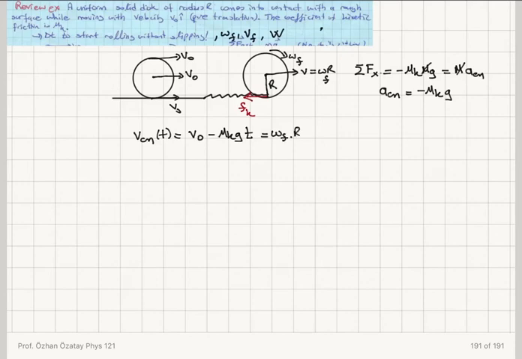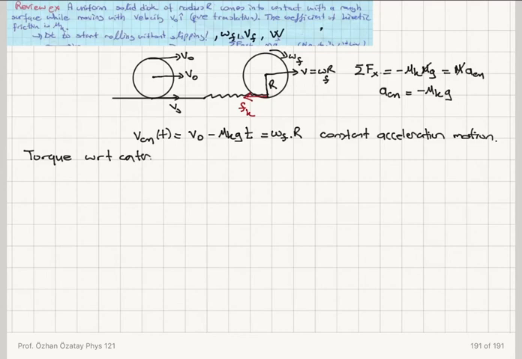So that finally it will become equal to omega final times r. That will be its velocity for rolling without slipping. Okay, that's constant acceleration motion.